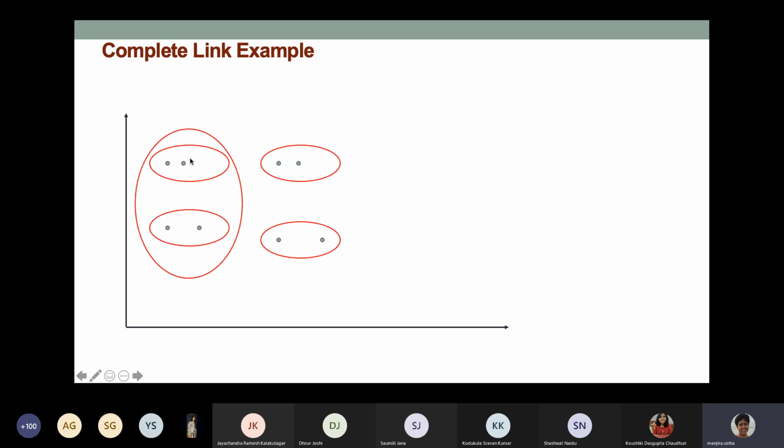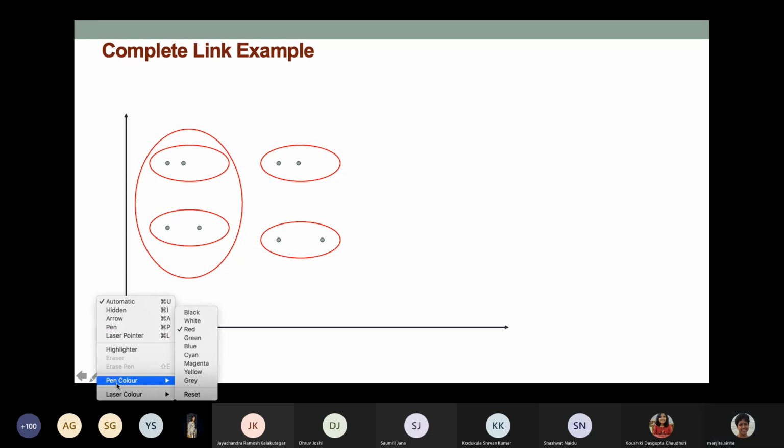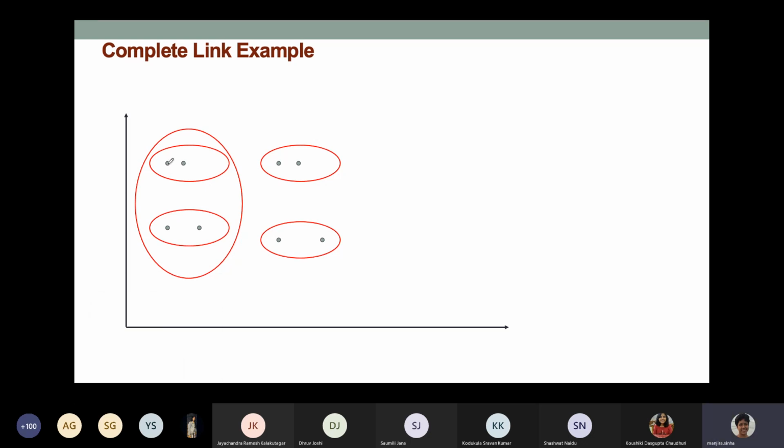Just from the picture, if we take the maximum distance between two clusters, the distance is between this point and this point, and across these two clusters, the distance will be between this point and this point. So we can see that this distance is lesser. The similarity of these two clusters is more, so they are grouped like this.